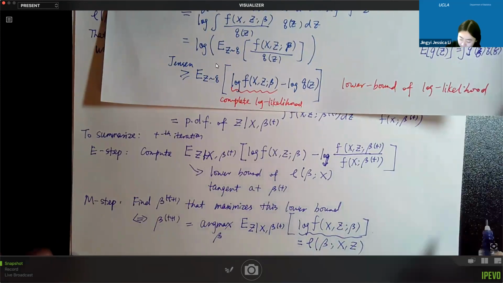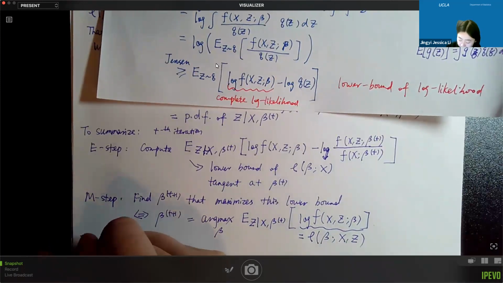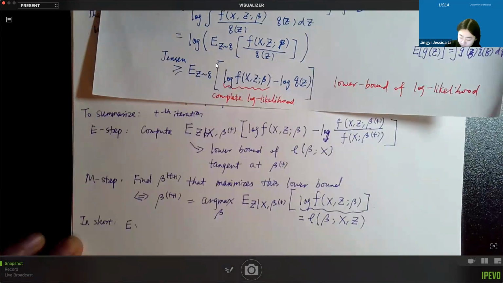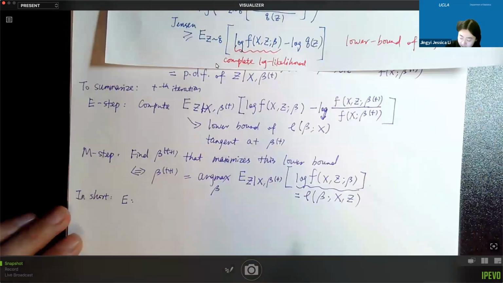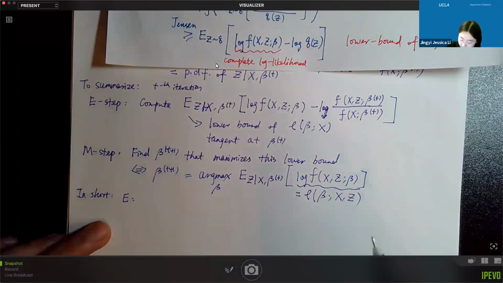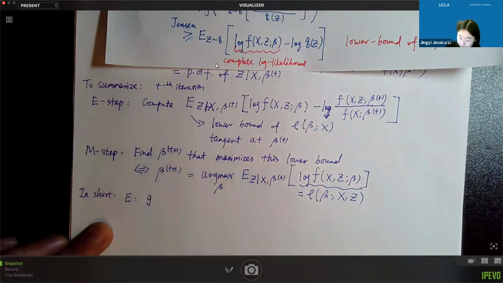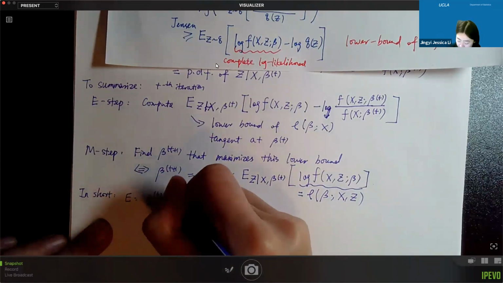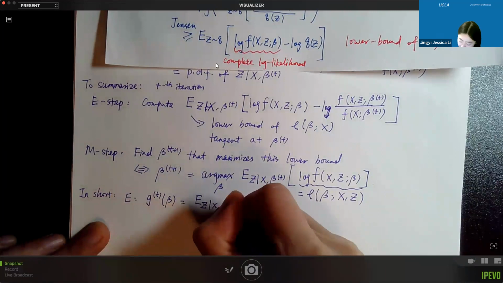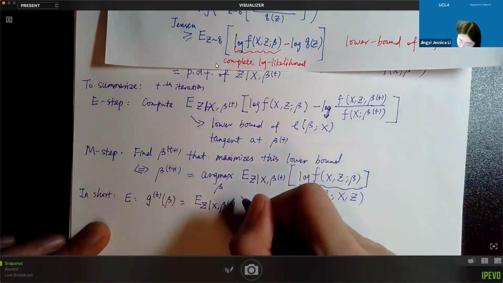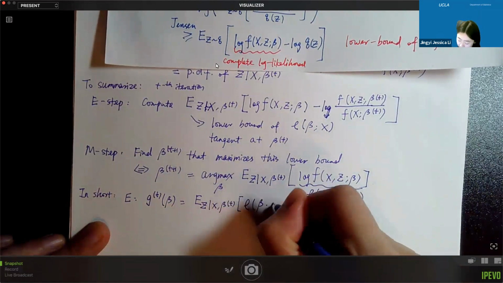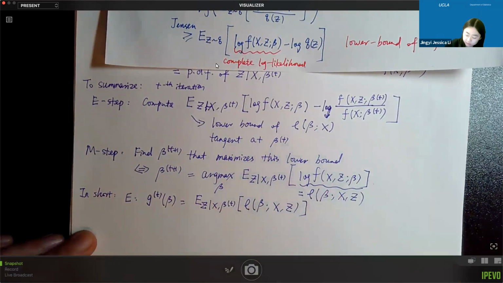So to summarize, to make it simpler for you: in short, the E step is to just compute, let's give this a name, how about we just use G. The G function in the t-th iteration of beta, we compute as the expectation of Z given X and beta t of the complete log likelihood of beta given X and Z. That's the E step.